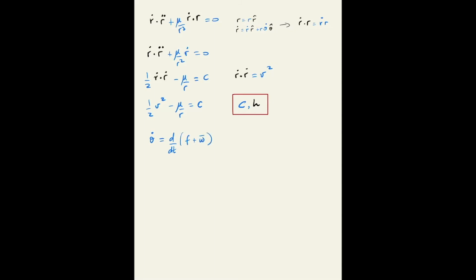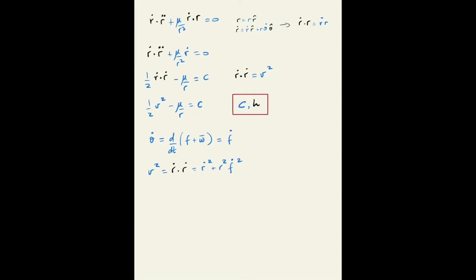And because the argument of pericenter is fixed, this is identical to the derivative of the true anomaly. So v squared, which is equal to r dot dotted with itself, is then equal to r dot squared plus r squared f dot squared.